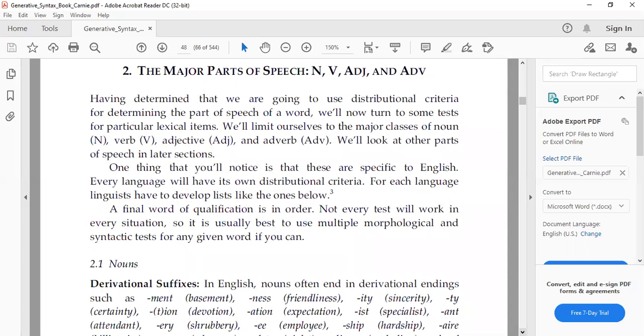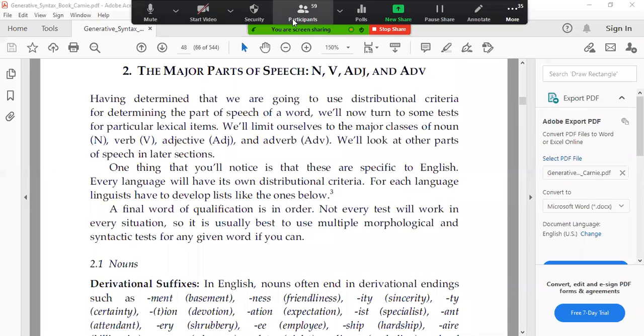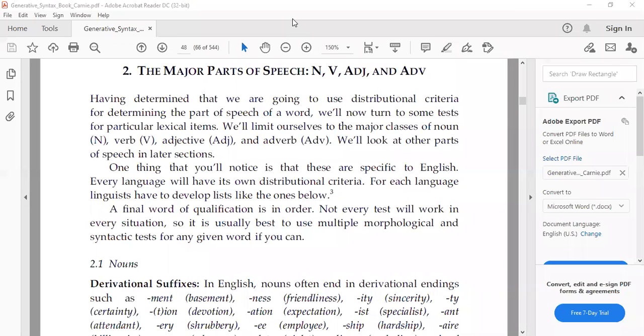Main parts of the sentence: subject, verb, and complement. Right. And the word has a lot of forms, like noun, verb, adjective, adverb, and phrases. Yes, excellent.